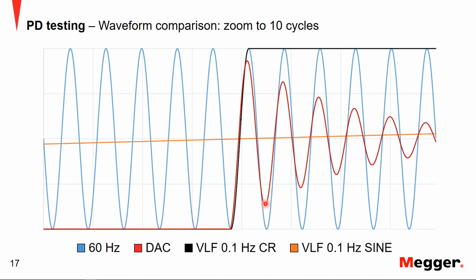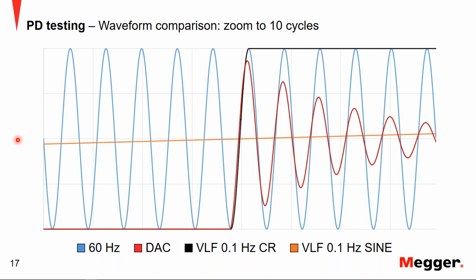If you don't have that voltage gradient, for instance on our VLF sine wave, we can see a very low voltage gradient here. Very slow change in voltage with respect to time, right? The others change voltage rather quickly with respect to time, as our VLF sine does not. So this may skew your inception and extinction voltages, and may not be representative of when it actually goes back in service.